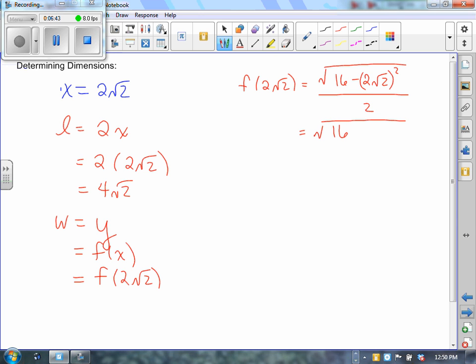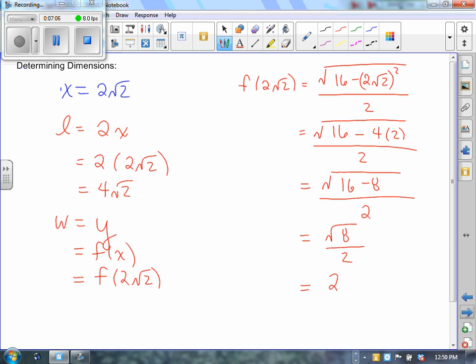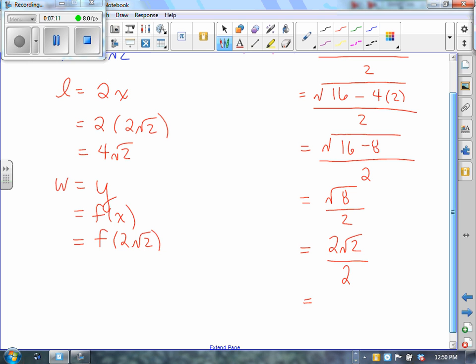When you square a mixed radical, the 2 is squared to give you 4, and root 2 is squared, giving you 2. So we end up with 16 minus 8, that full radical divided by 2. So we have the root of 8 over 2. Well, the root of 8 was already written down as 2 root 2, and if we take half of that, we have root 2.